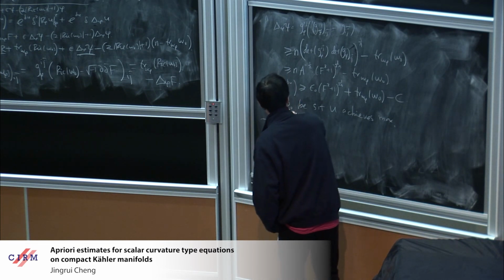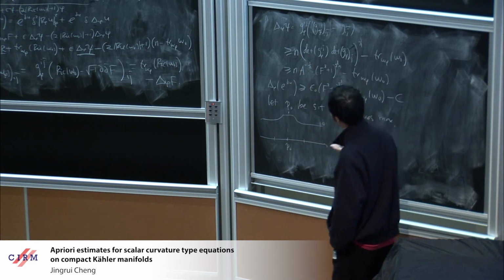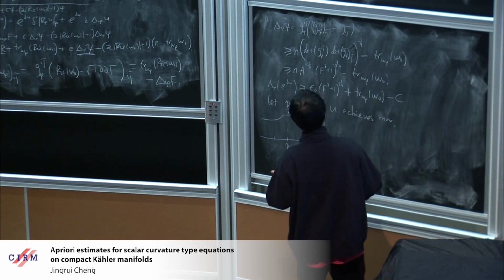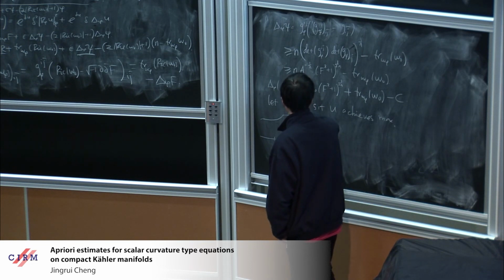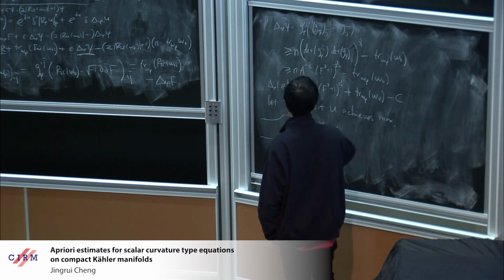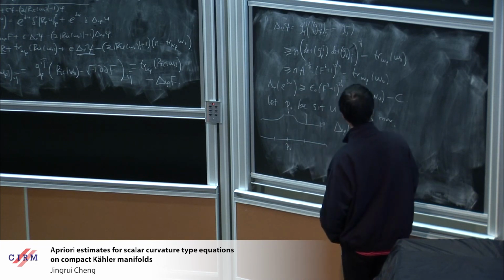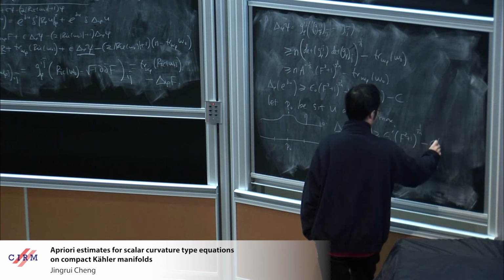Here it takes the value 1, and outside it is 1 minus theta, where theta is another small parameter you have to choose, small enough so that you do a cutoff using this function eta. Then you compute Laplace phi of e to the delta u times zeta. This will be bigger than epsilon 0 prime, another small constant, plus 1 over 2n minus c prime.